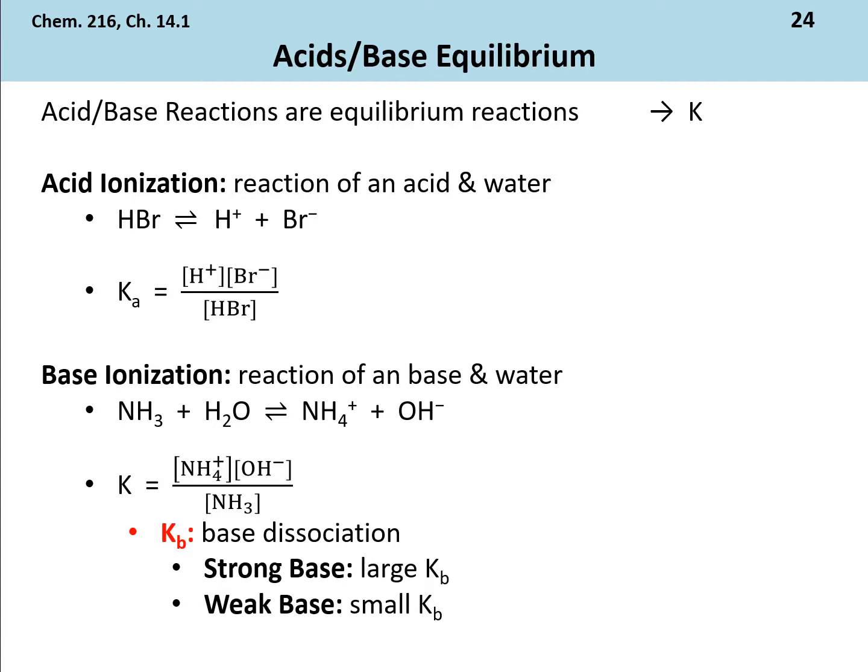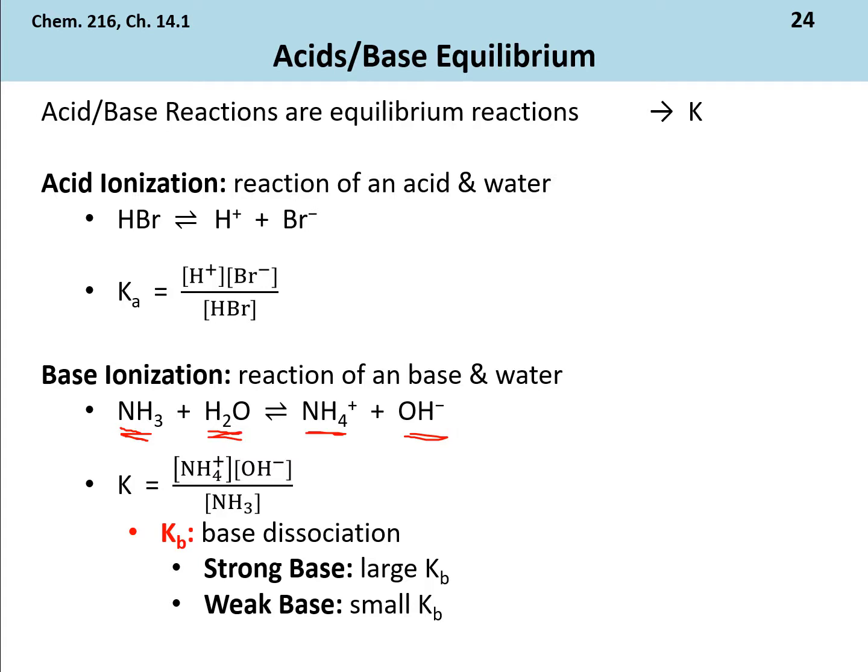In the same way that we talked about Ka and acids, we can also talk about bases. Bases, such as NH3, gain an H+ from water, and they form NH4+ and OH-. This is called base ionization, the reaction of a base and water.